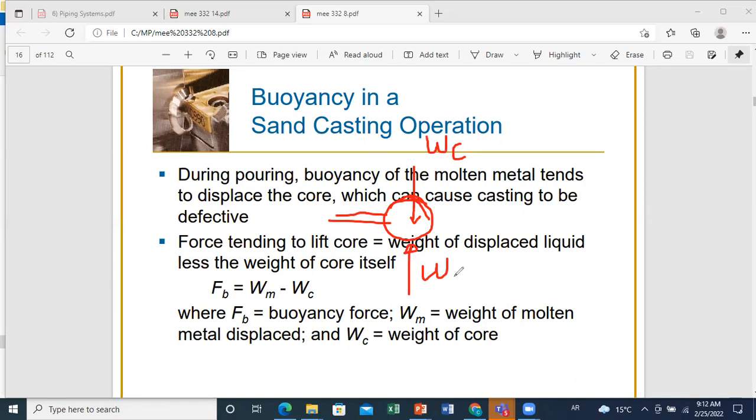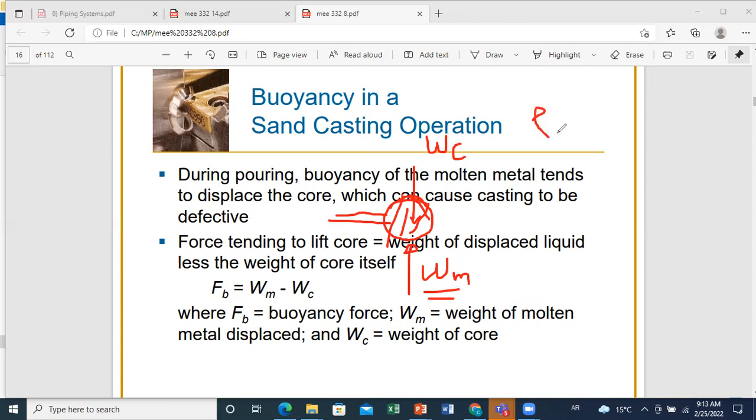So in total, we say that the buoyancy force, the net force on the core, can be estimated as Wm. What do we mean by Wm? Whenever you have an object immersed in a fluid, the fluid will develop on it a force equivalent to the weight of molten metal displaced. So you should compare the density of the core.